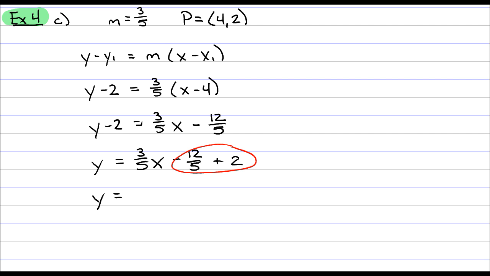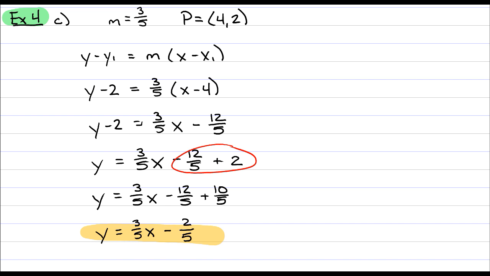So I have y equals 3 over 5x minus 12 over 5 plus 2 is the same thing as 10 over 5. Okay, now if I add those, I have y equals 3 over 5x minus 2 over 5. Okay, and this gives me the answer for part C.